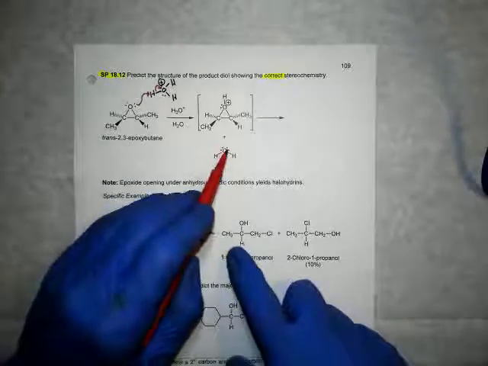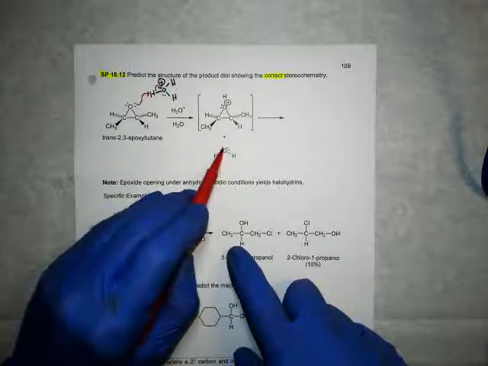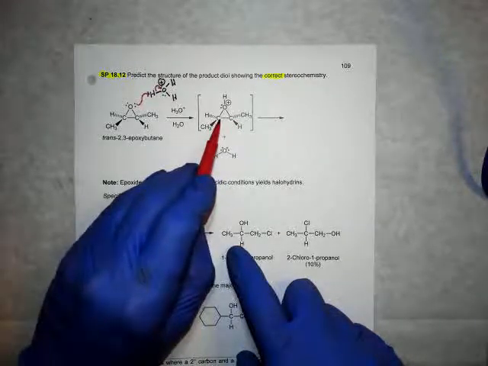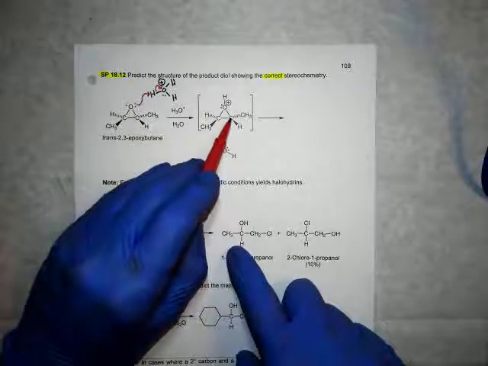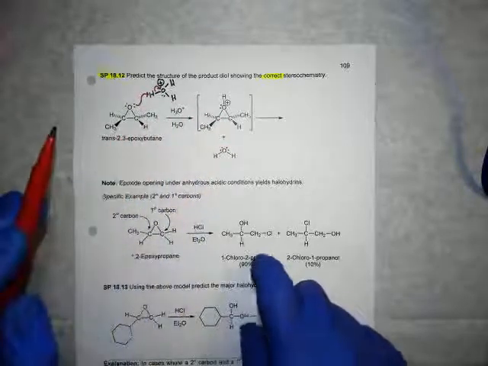What's the next step? The next step is going to be nucleophilic attack by water. Water can function as the nucleophile because guess what? It has lone pairs. Now where's it going to go? Is it going to go here, or is it going to go there? It'll go both places. It'll go here 50% of the time, and it'll go there 50% of the time. So like I said on page 108, we only have to show one of the scenarios.